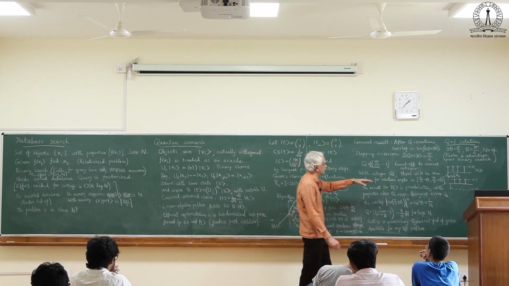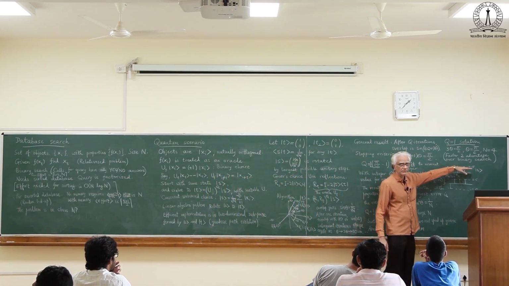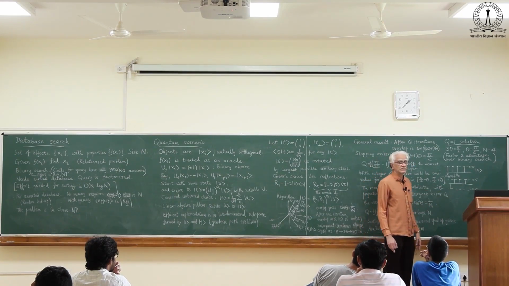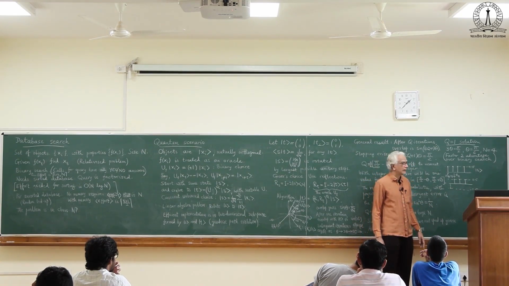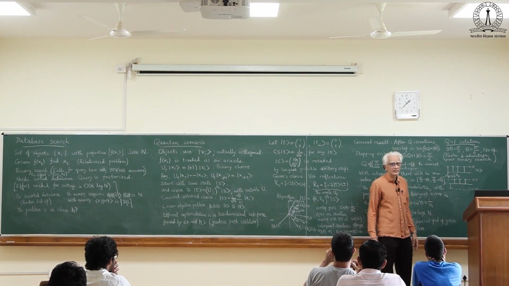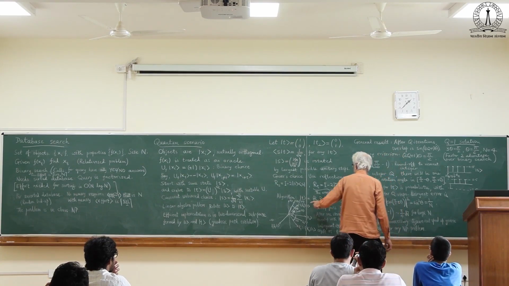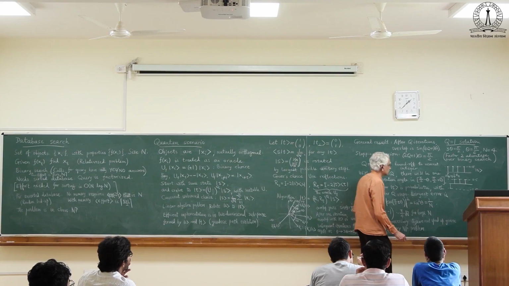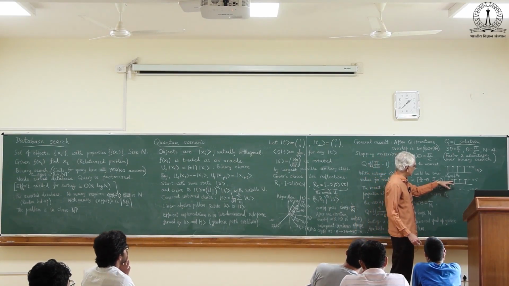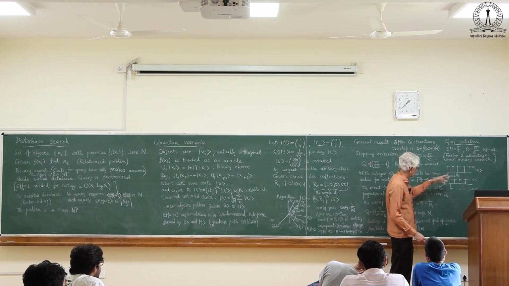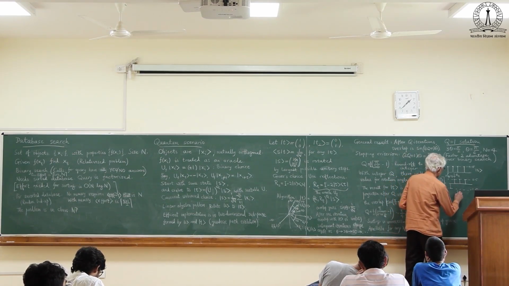Initially the average value was half because all the four were equal. Now the average value is different because three of them are plus half, one of them is minus half. So you project it by using this RS and it will change the sign. So it's actually minus RS.